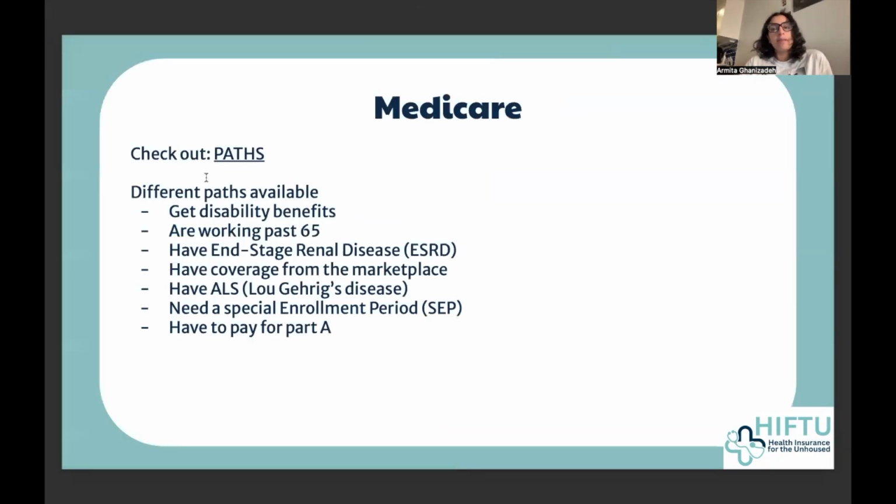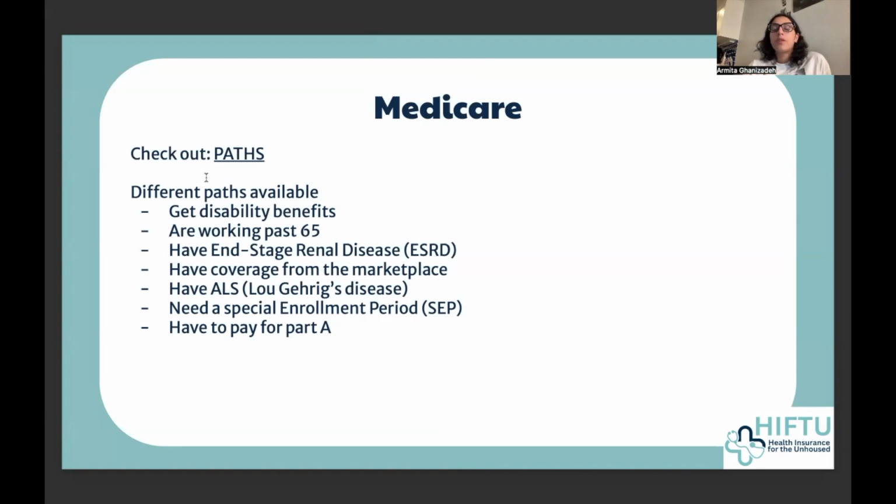So there are different availabilities and different eligibilities for Medicare. Some of them are included here, but these are not the limits. I would again check out the link on it, but there are availabilities for people who get disability benefits, people who are working past 65 years old, have end-stage renal disease, have coverage from the marketplace, have ALS, need a special enrollment period, or have to pay for Part A. The special enrollment period and Part A are included with Medicare, which has two parts, and there's a certain enrollment time for Medicare.